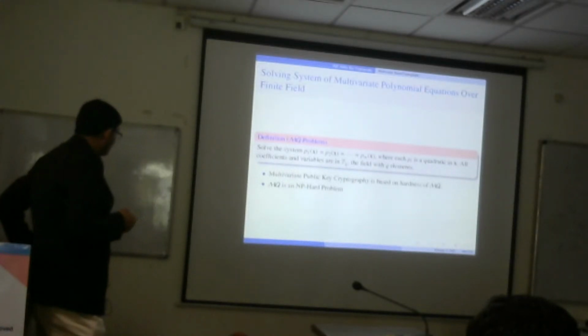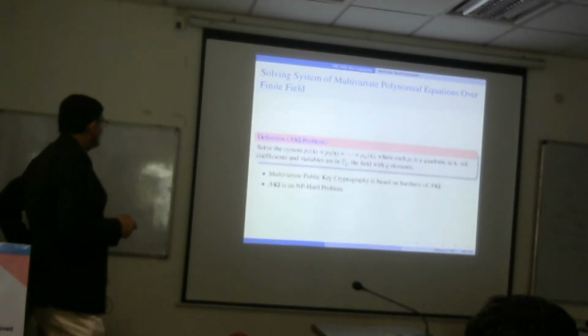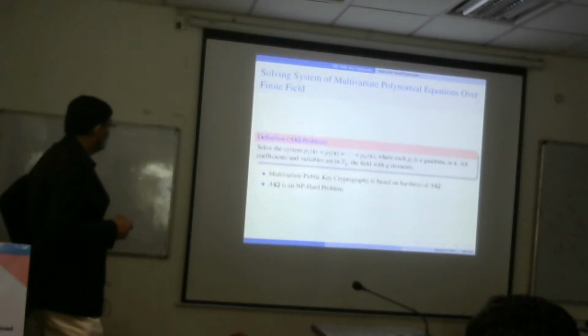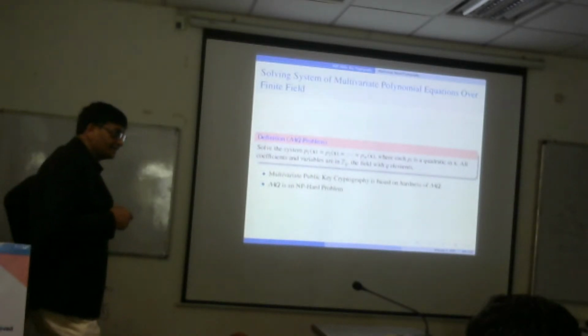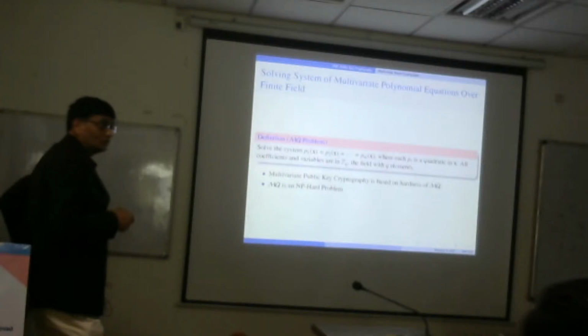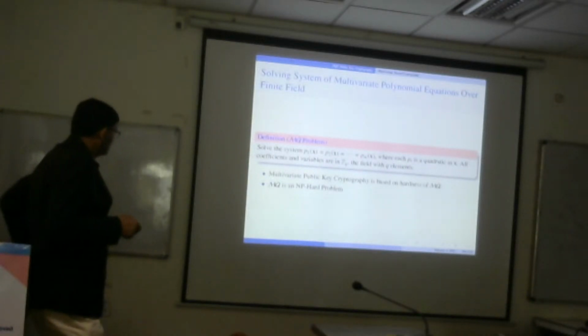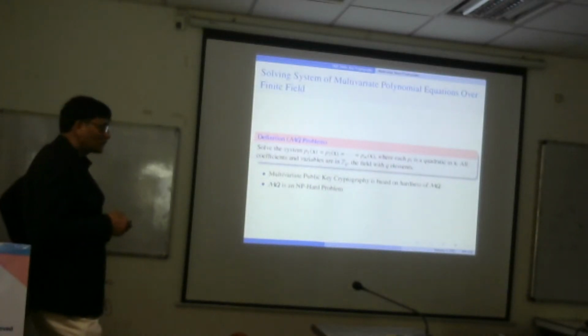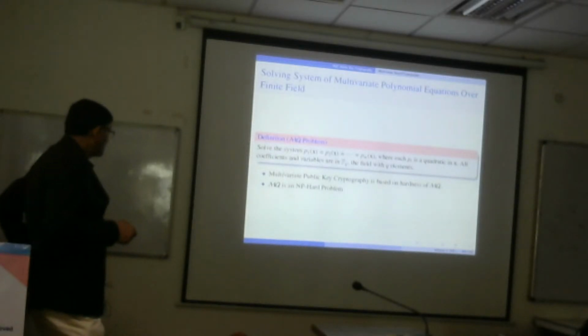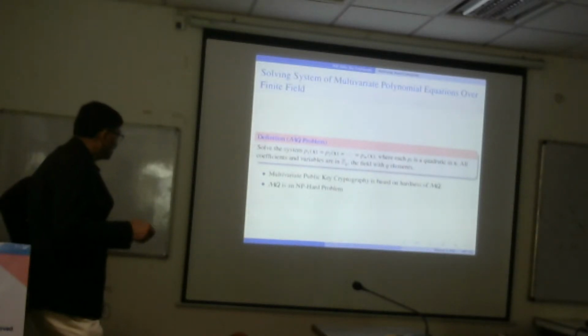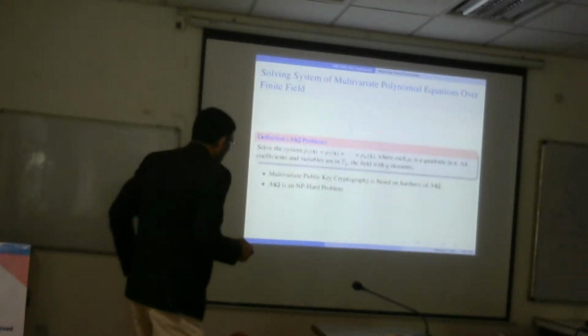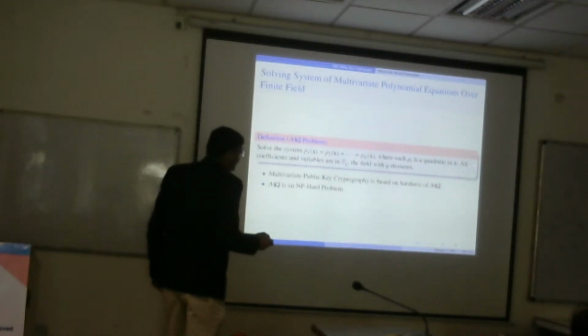Another concept, the second concept, is solving a system of multivariate polynomials over a finite field. So suppose we have a system of equations P1(x) equal to 0, P2(x) equal to 0, and so on, where each Pi is quadratic in x.